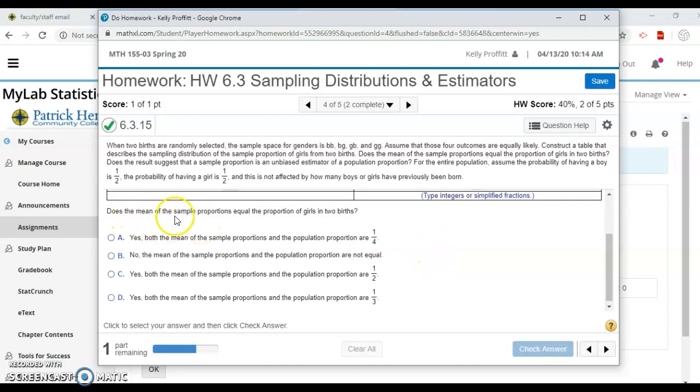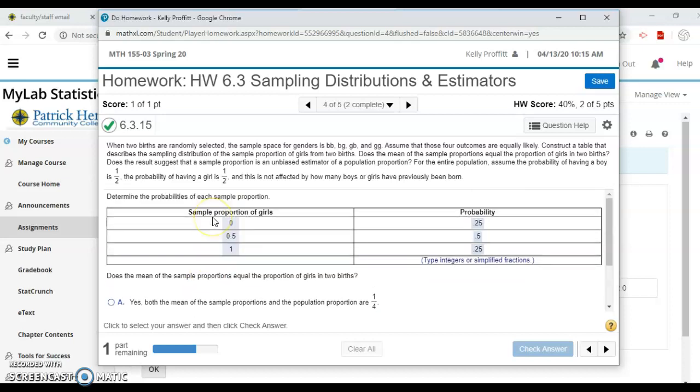Now the second part, let's see what they ask you for. Does the mean of the sample proportions equal the proportion of girls in 2 births? Well, the proportion of girls in 2 births we know is 1/2. So let's look at the mean of the sample proportions. Well, the sample proportions are here. We've got 0, 1/2, and 1.